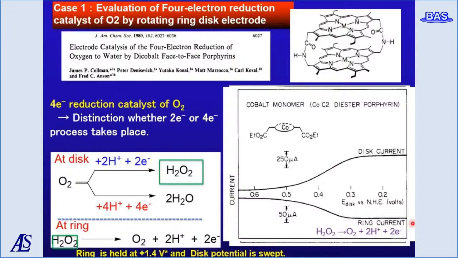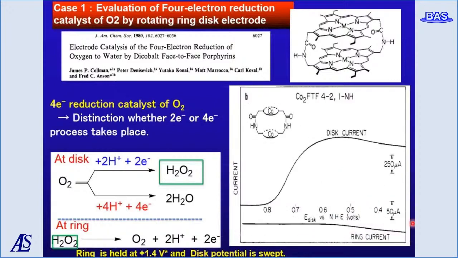On the other hand, in the dinuclear cobalt porphyrin complex with the two porphyrins facing each other, the reduction wave of dioxygen is observed at the disk electrode, but almost no current is observed at the ring electrode. This shows that the four-electron reduction occurred on this complex.